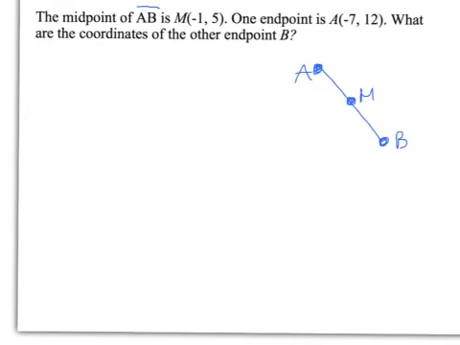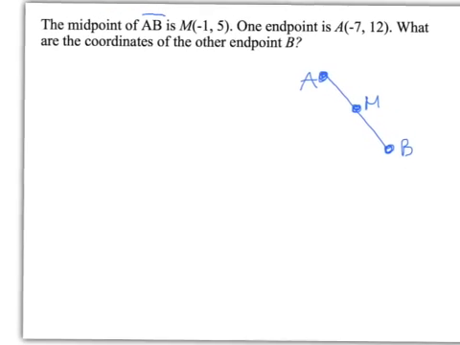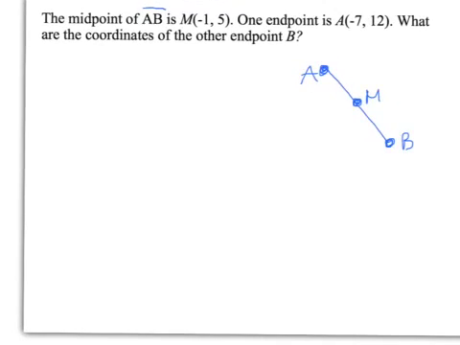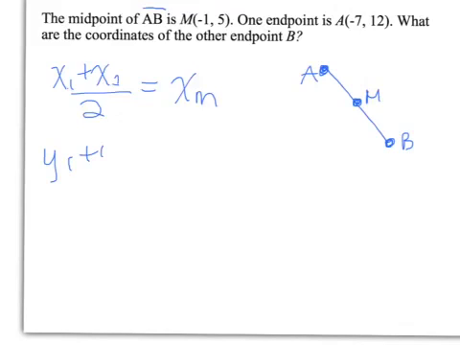In order to find the midpoint, we would find the x-coordinate by doing x1 plus x2 divided by 2. And that's going to give us, let's say, xm, the midpoint. To find y, we would do y1 plus y2 divided by 2. And again, that would give us the y-coordinate of the midpoint.